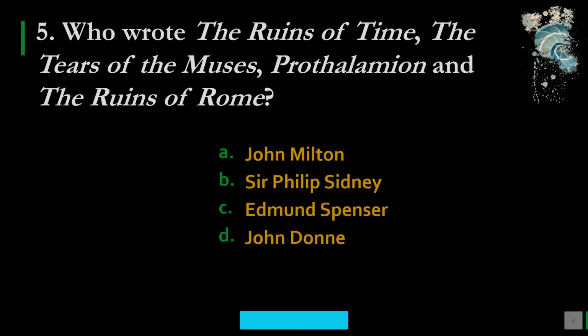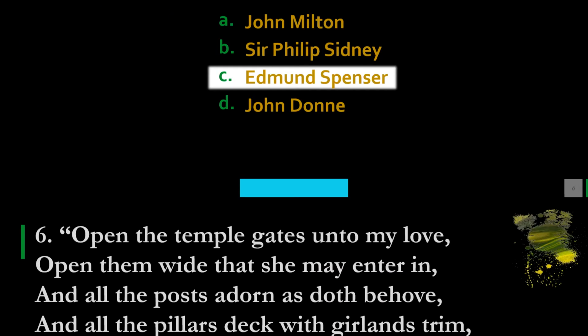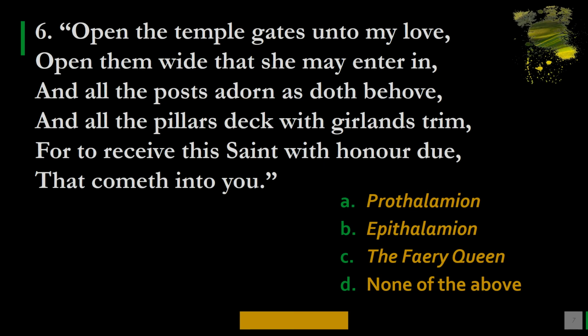Number 5. Who wrote The Ruins of Time, The Tears of the Muses, Prothalamion and The Ruins of Rome? Options A John Milton, B Sir Philip Sidney, C Edmund Spenser and D John Donne. Correct option is C Edmund Spenser. Number 6.